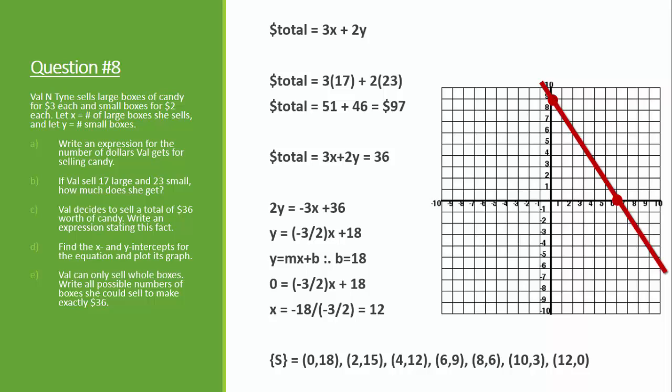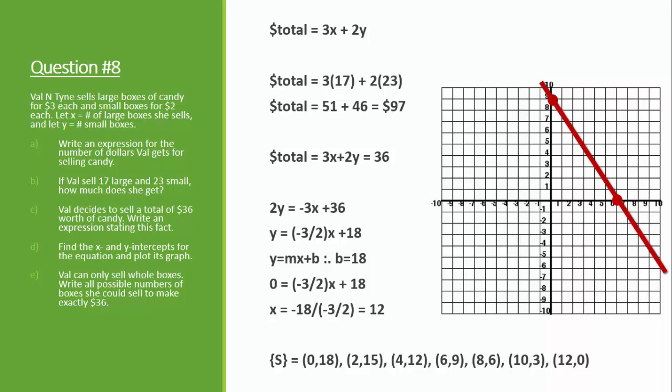That's what's represented by our y-intercept, where x is equal to 0, she sold no large boxes, and y is equal to 18. On the other extreme, all the way on the right, if she sold no small boxes and only sold large boxes, then she'd only have to sell 12 because they're getting $3 a piece instead of 2. And she would still have $36 total in sales.